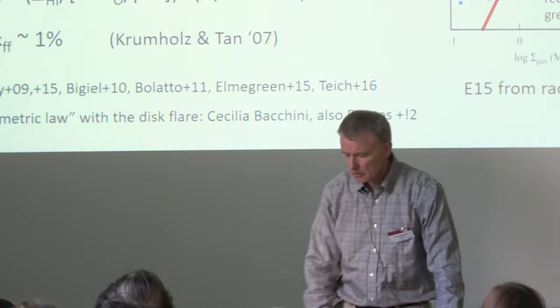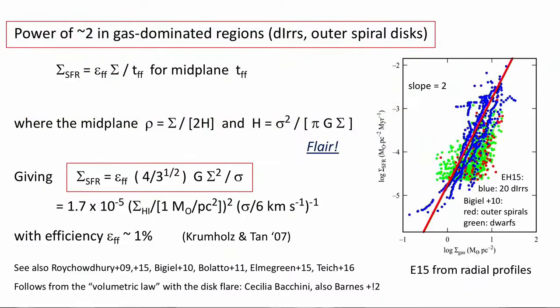Okay, power 2. The general law for just gravity is you've got a column density and a time scale, and that gives you the star formation rate, and then there's an efficiency. But for gas-dominated regions, the mid-plane density is just column density over thickness, and the thickness depends on the column density. So this is the flare. For nearly constant velocity dispersion in the outer parts, as the column density goes down, thickness gets larger.